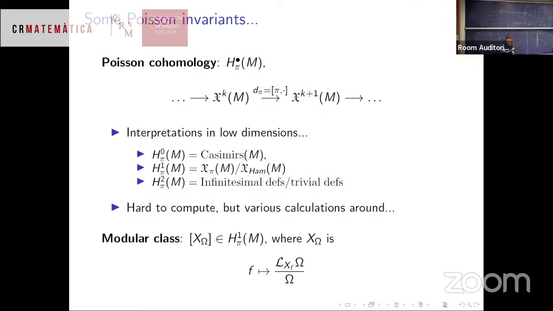So let me just mention, to wrap things up, one important class that one can define on any Poisson manifold that may also show up in talks, which is called the modular class. Let me assume that the manifold is orientable. It is basically about the existence of volume forms which are invariant under Hamiltonian vector fields. So what am I saying?